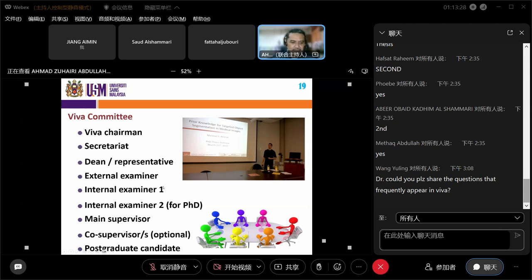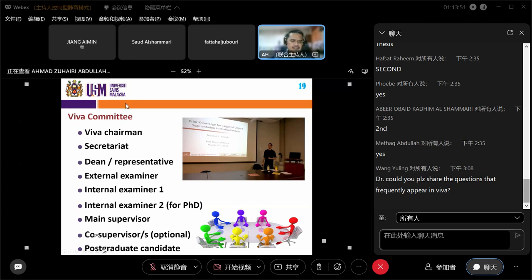So these are the membership of Viva committee in our university. It could be slightly different from other universities. Like for example, in UTP, main supervisors are not allowed to be in. They are allowed only for the presentation, and after that they will be asked to leave the Viva room. Why worry?